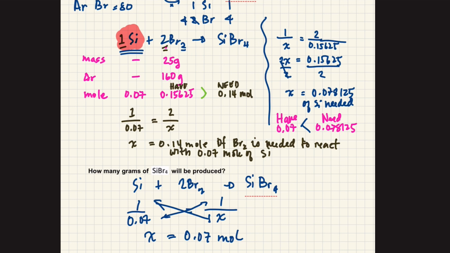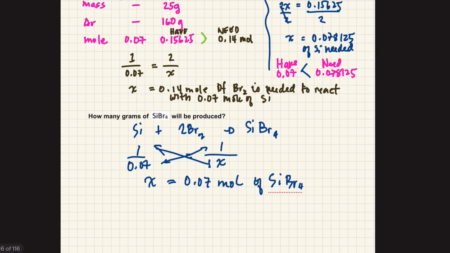That means when silicon reacts with the bromine, since this is the limiting reagent, and since there's also 1 unit of this one, they will have the same number of moles. So that means 0.07 mole of silicon tetrabromide will be produced as well.